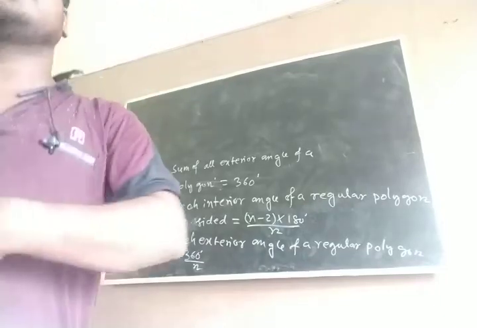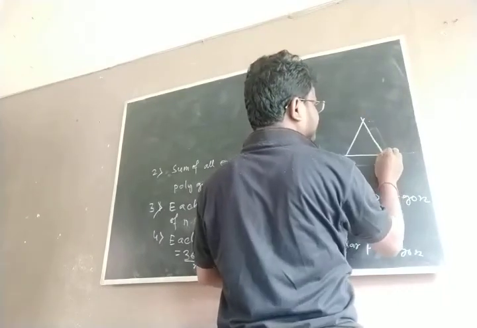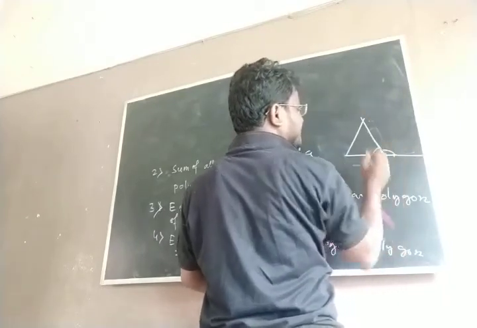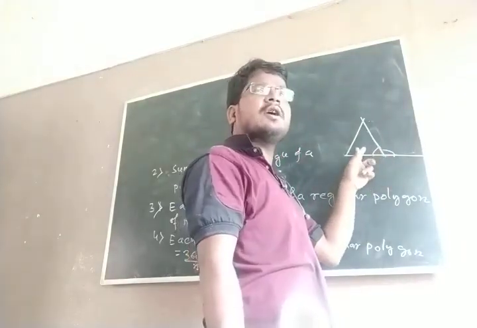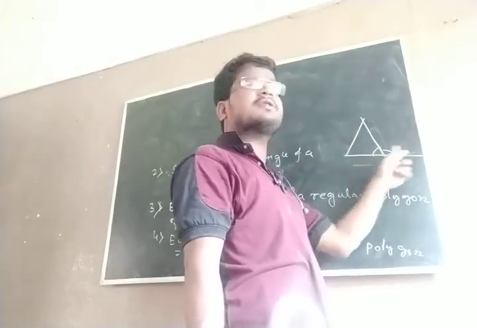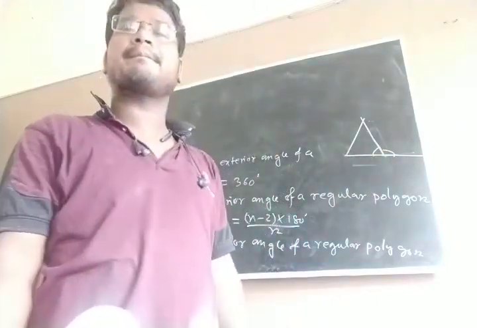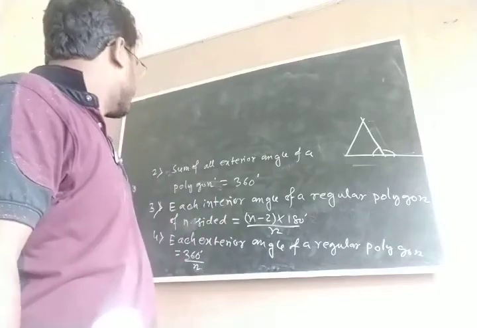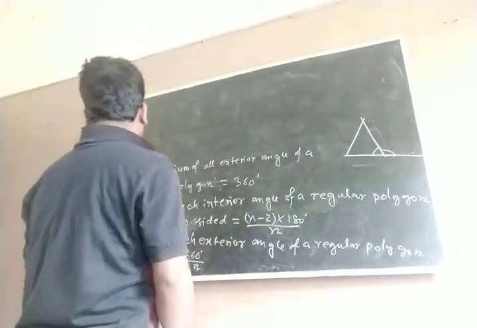It is shown here: this plus this is 180 degrees. This is the exterior angle, this is the interior angle, and it is a straight line. So this plus this will be 180 degrees. So, exterior angle plus interior angle for a polygon equals 180.